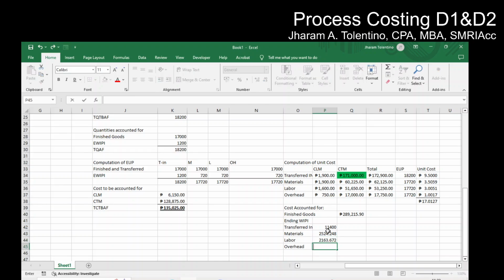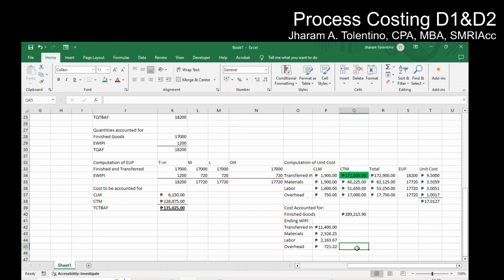And then we have 720 times 1.0017. Okay, these are all pesos. So let's just get the sum of these. And let's see if it balances. I hope it's balanced. Plus this.